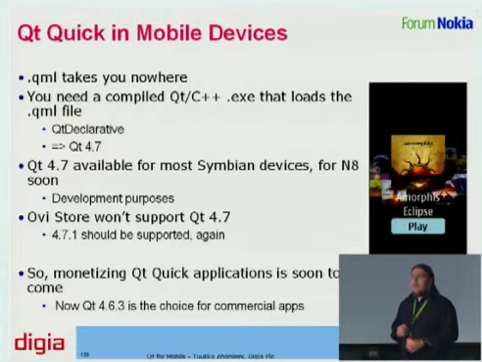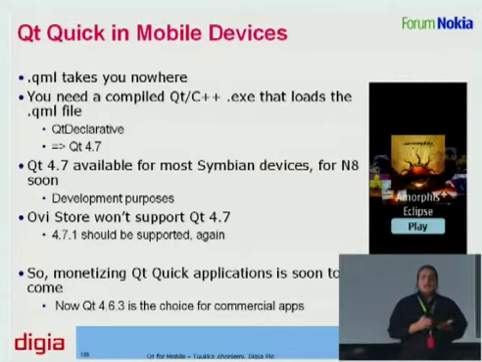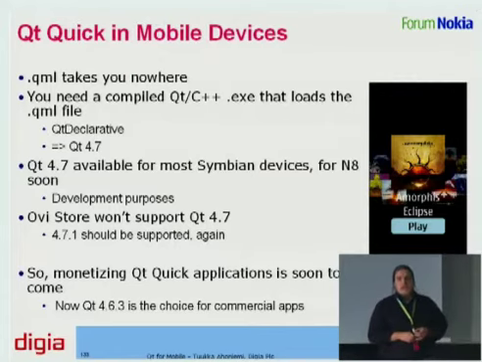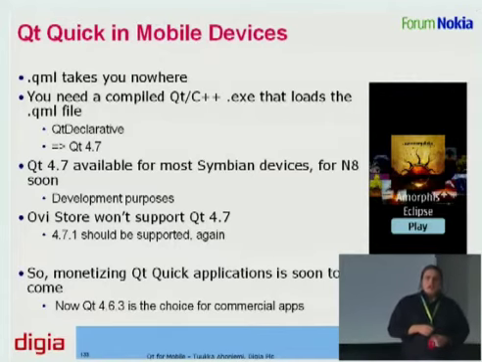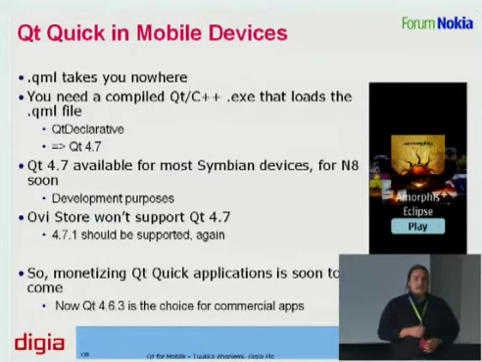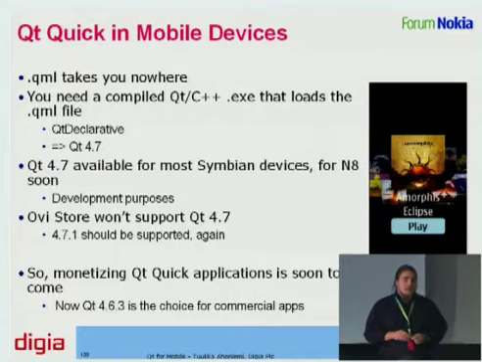I mean, a new version of Qt is released when it's technologically ready. When technology for Qt 4.7 is ready, it's finished. But it doesn't mean that you could have applications in the Ovi Store for that Qt 4.7 immediately.